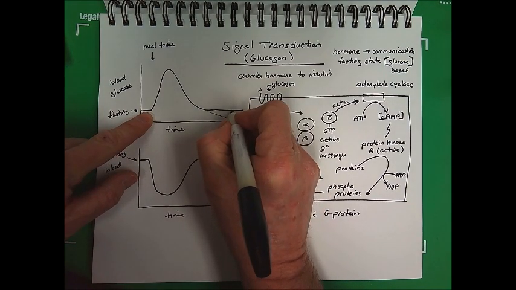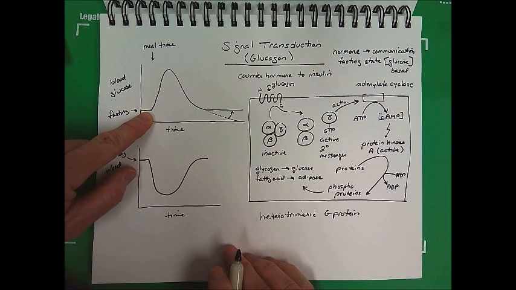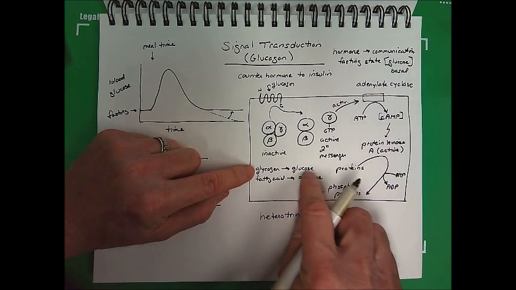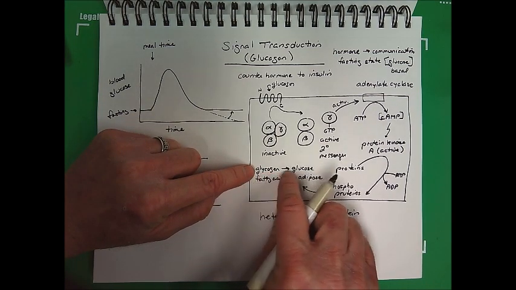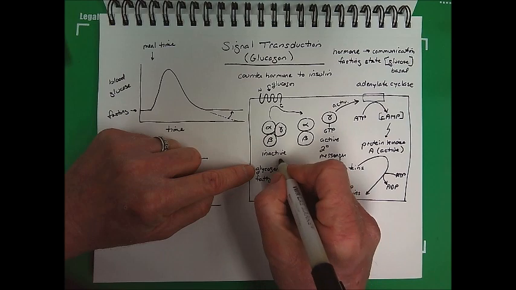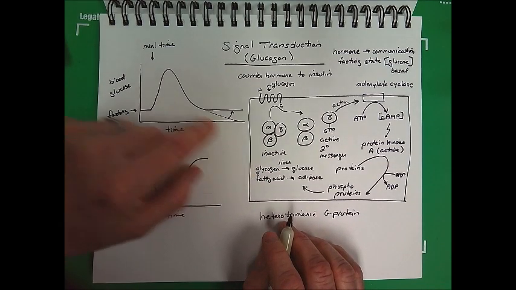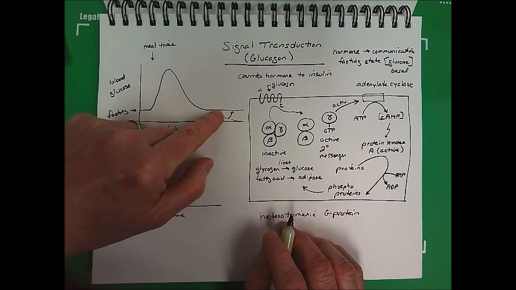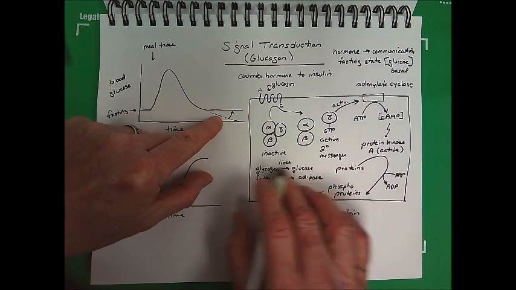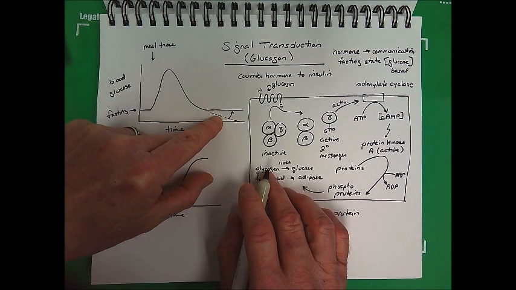So what keeps this level up in a fasting state? Well, the glucose that's being released from glycogen stores, the storage form of glucose, is occurring in the liver.